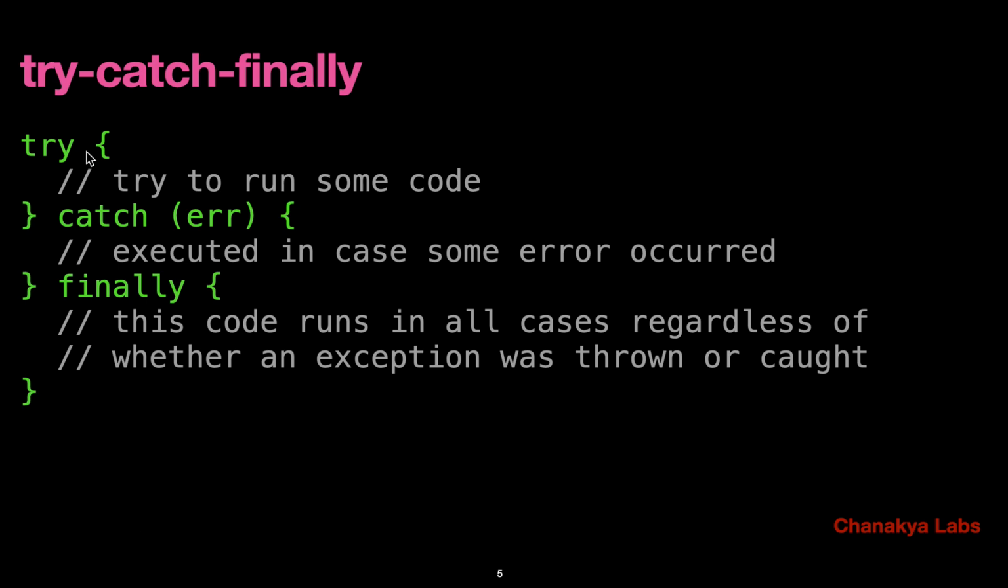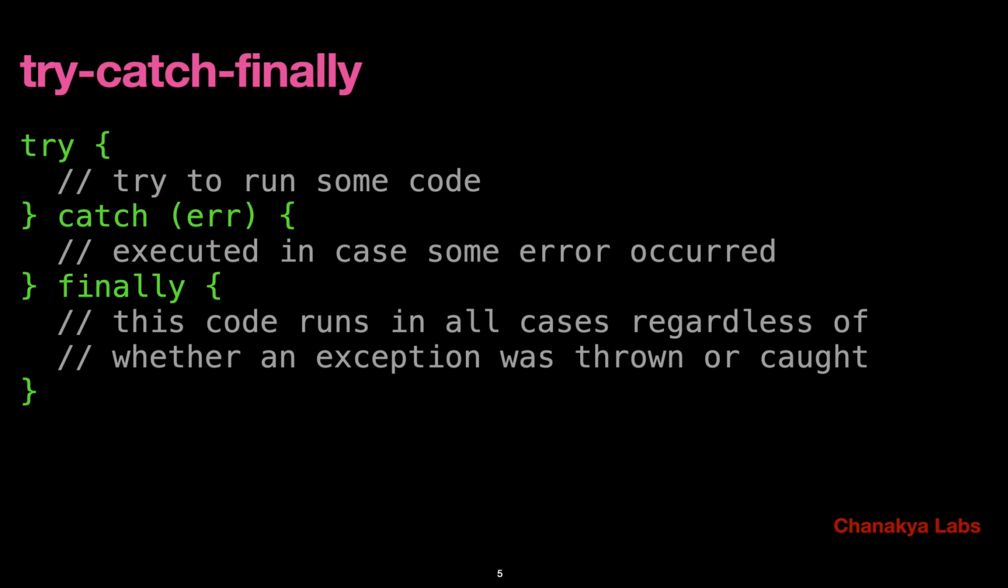If it caught that error successfully, then definitely this code will run. But let's say that piece of code needs to run even if your code is going inside catch. So for example, there are things like file handling.